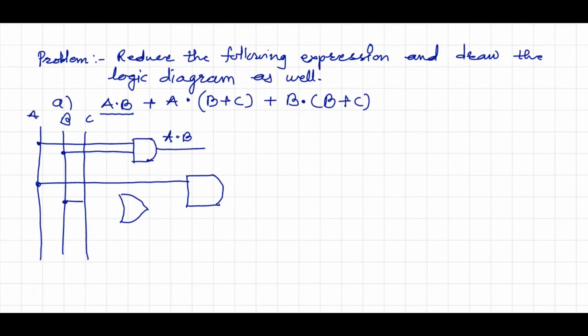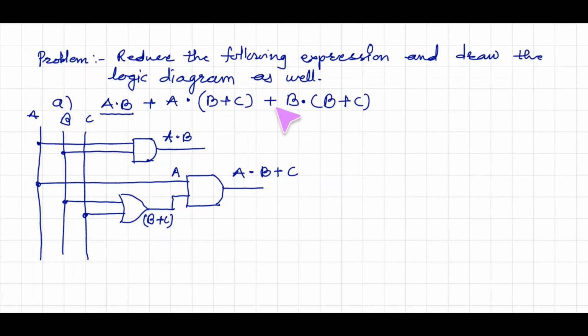So b and c are connected to this OR gate. The output of this gate is b plus c, and that is connected to this AND gate. So the output will be a dot (b plus c).